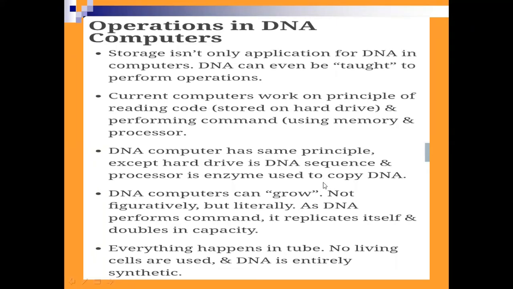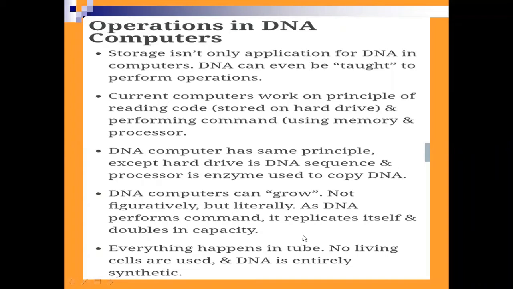DNA polymerase. The same enzyme is used here in the DNA computer. So DNA computers can grow when DNA polymerase is acting on them, not figuratively, but literally. As DNA performs commands, it replicates itself with the help of DNA polymerase and doubles in capacity. Everything happens in a tube.